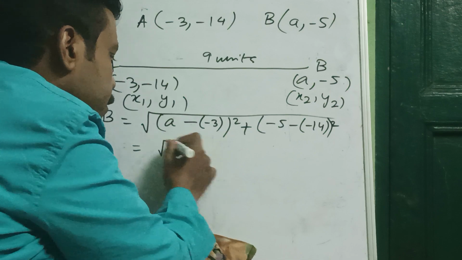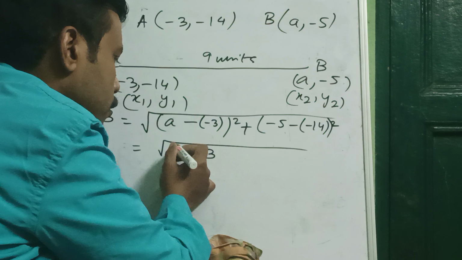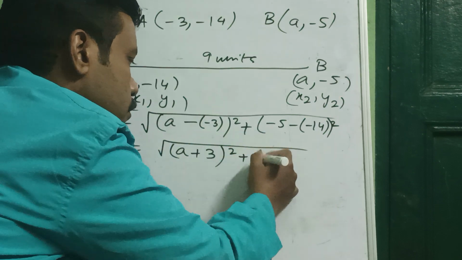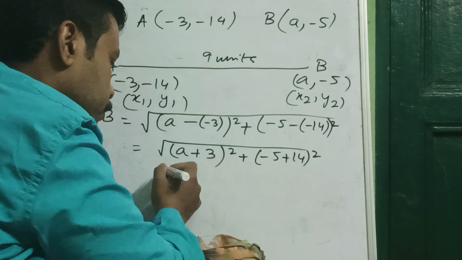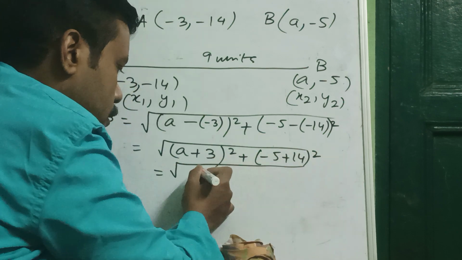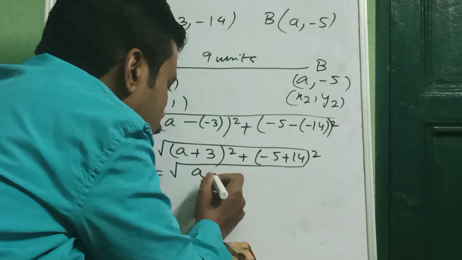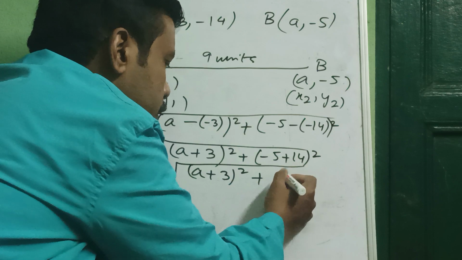Now we get a plus 3 whole square plus minus 5 plus 14 whole square. Here we get a plus 3 whole square, and this is 9 square.